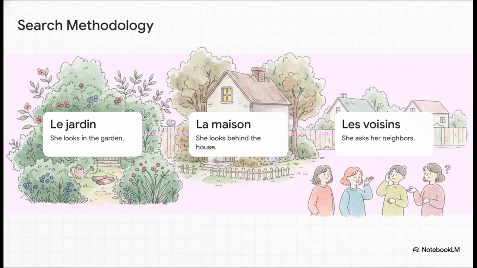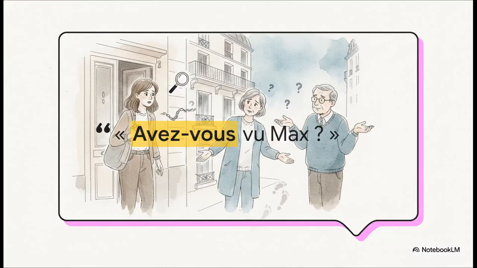When the physical premises are cleared with totally negative results, she escalates things to step 3. Elle demande à ses voisins. She asks her neighbors. The investigation is officially ramping up. And this brings us to the direct interrogation phase. Emma asks her neighbors, Avez-vous vu Max? This is a really crucial piece of conversational French to know. Avez-vous uses inversion to ask a formal question, have you? And vu is the past participle of the verb to see.